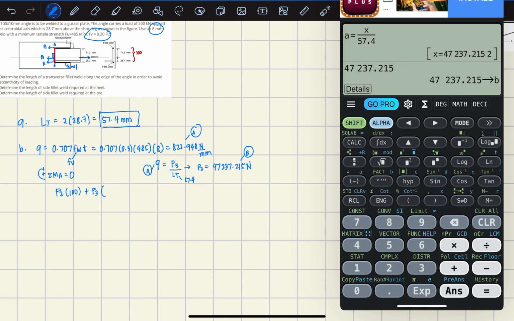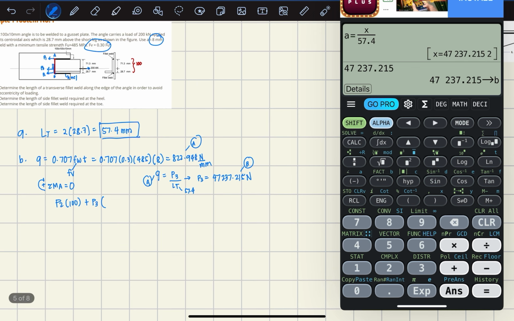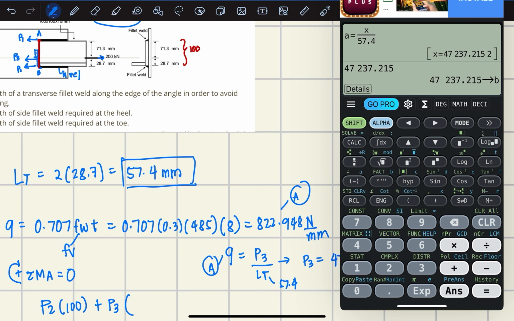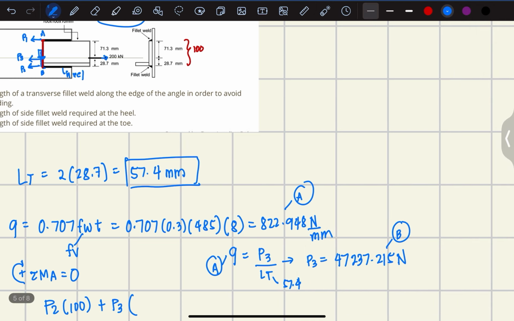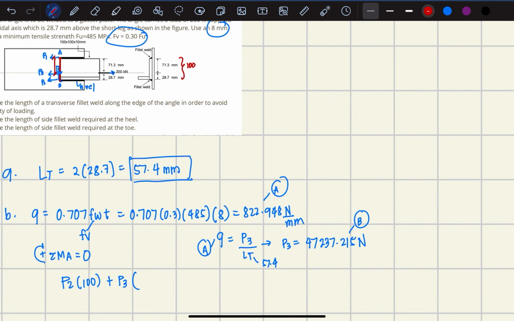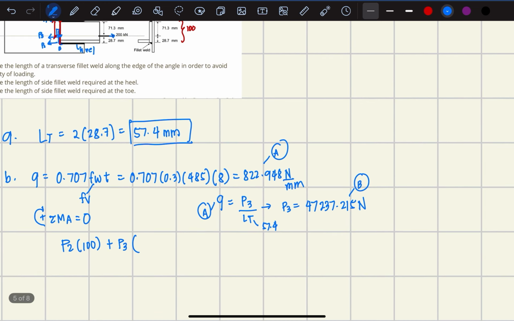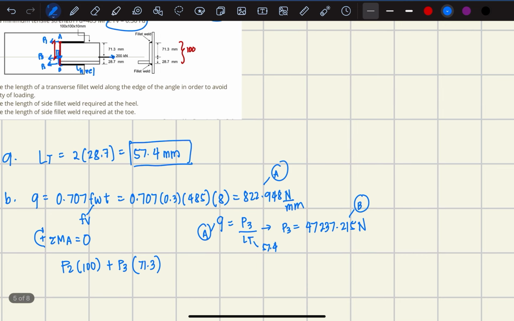Then, its moment arm is 71. This is P3, and this is its moment arm, so it is 71.3. What else?